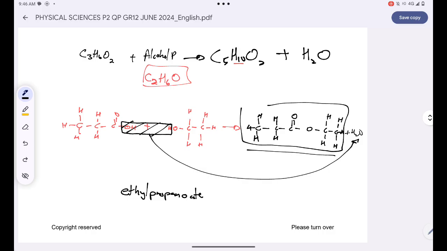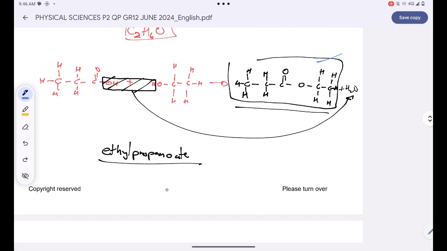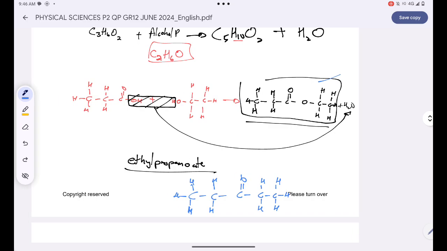So the IUPAC name is just ethyl propanoate, and the structural formula is that one. But let's just draw it at the bottom. It will simply be CH3, CH2, C double bond O, and then CH2 and CH3. This will be the structural formula of our ester, and obviously the IUPAC name is ethyl propanoate.